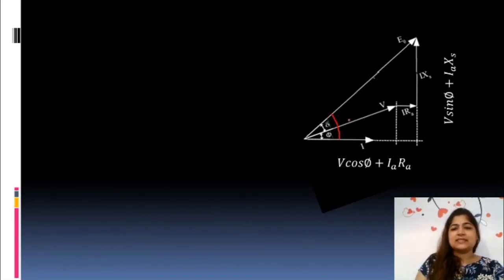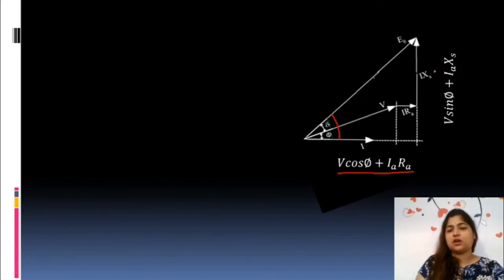So can I say that the adjacent side of this particular angle is V cos phi plus IARA? अगर आप ये right angle triangle को consider करें V वाला, तो ये अगर phi है, तो can I say this is V cos phi and this is IARA? So this is V cos phi plus IARA. Clear with this?